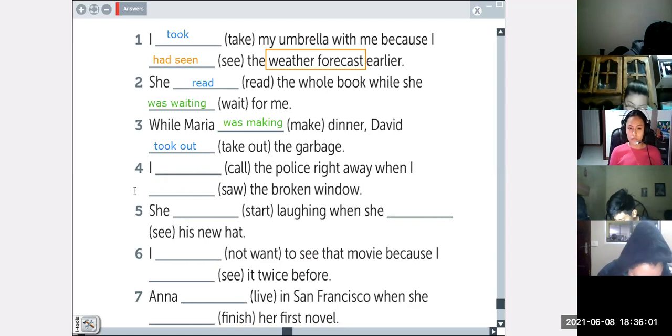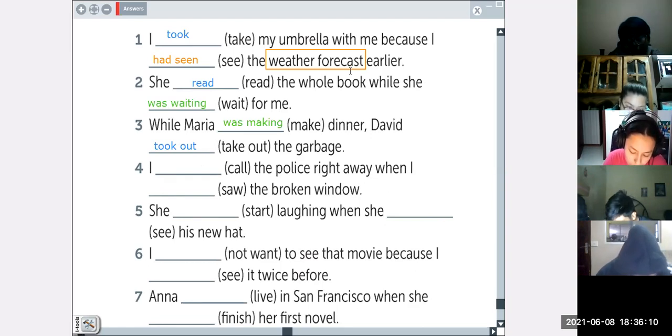Okay. What about number 4? I called the police right away when I saw the broken window. So here we have two actions, right? One action happened right after the other.